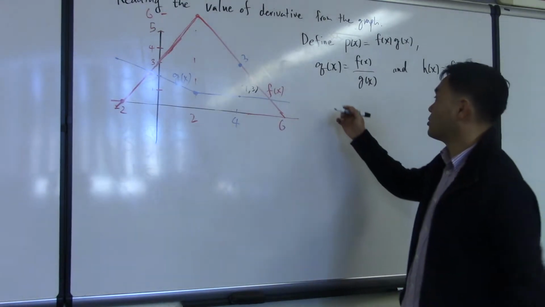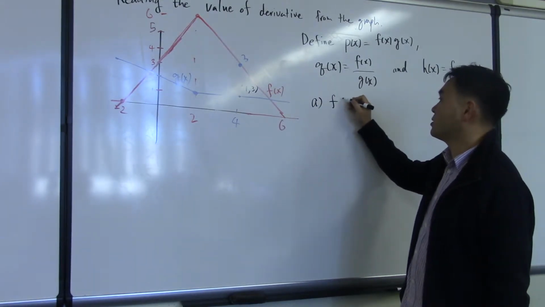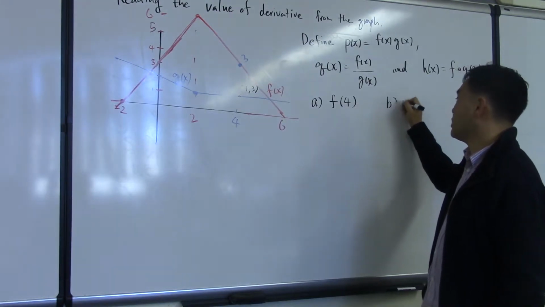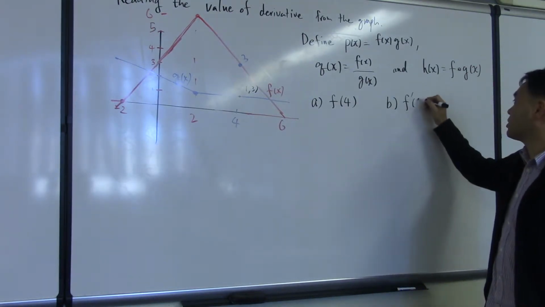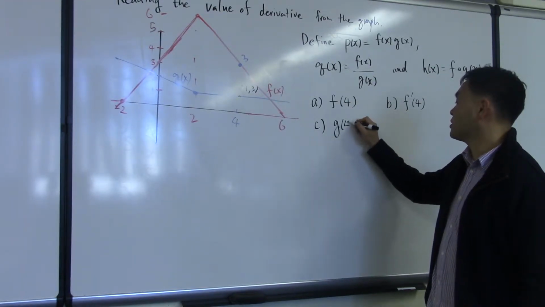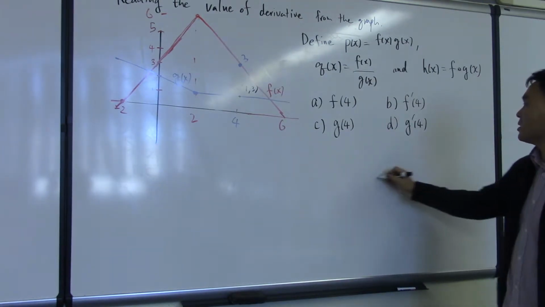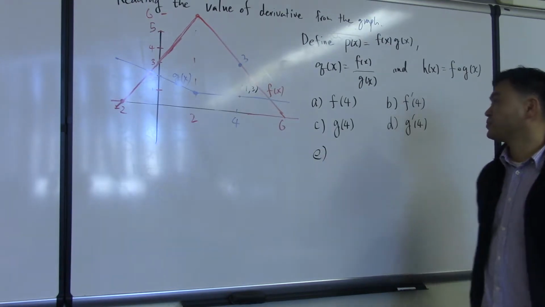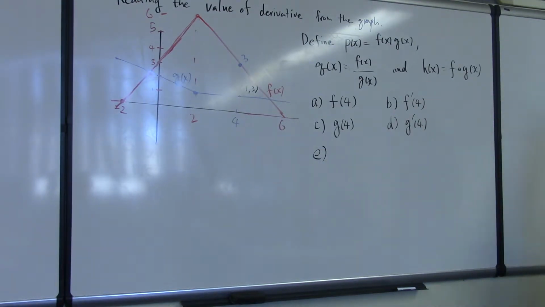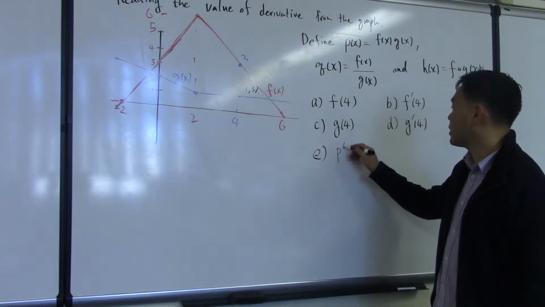Now let me ask a few questions. A, f of 4. B, f prime of 4. C, g of 4. D, g prime of 4. E, p prime of 4.